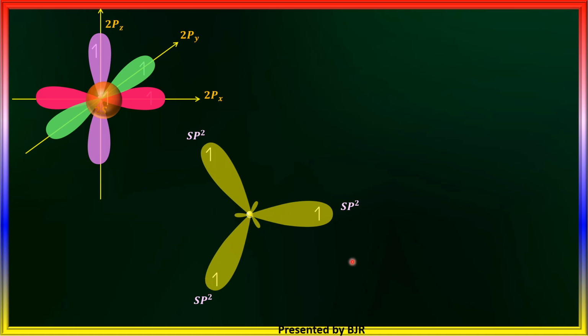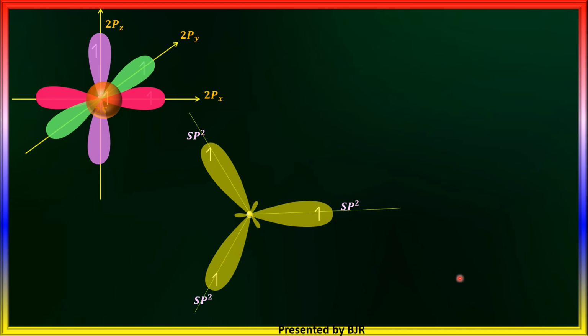Okay, so if you measure the angle between any two sp2 orbitals, they get separated by 120 degrees around the nucleus of carbon atom.